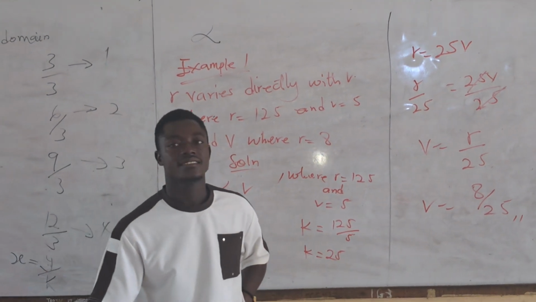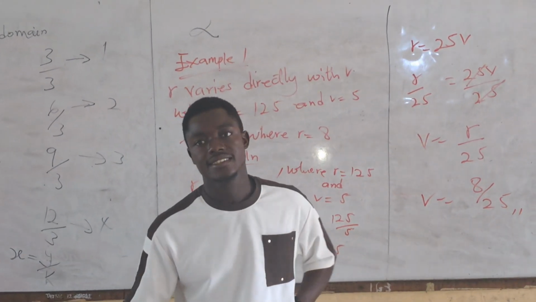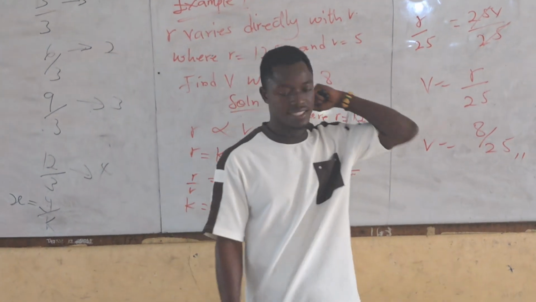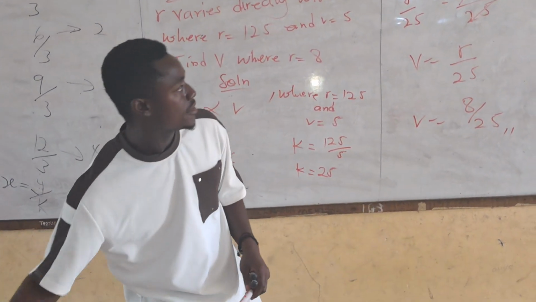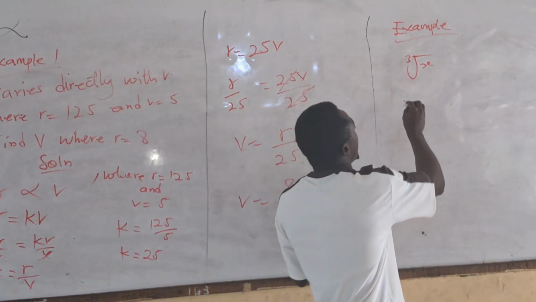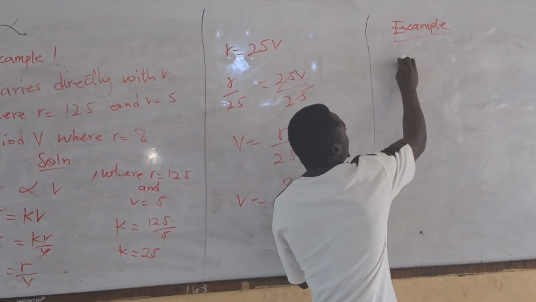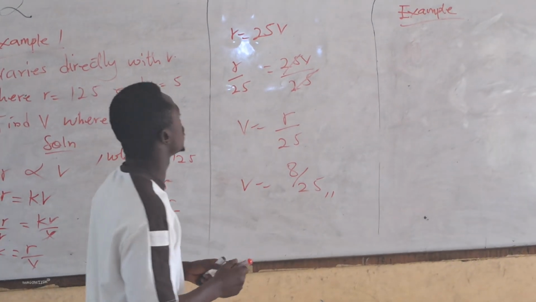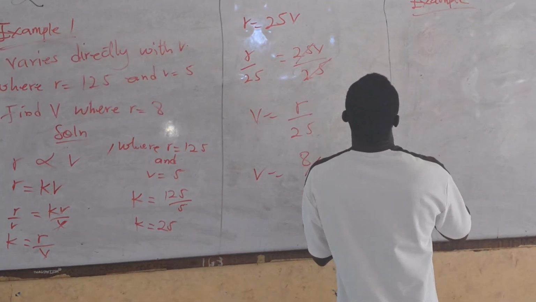Where x is 27 and y equals 3. So the question is on the board, let me write it.